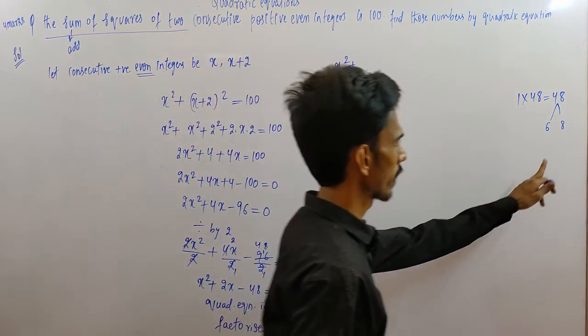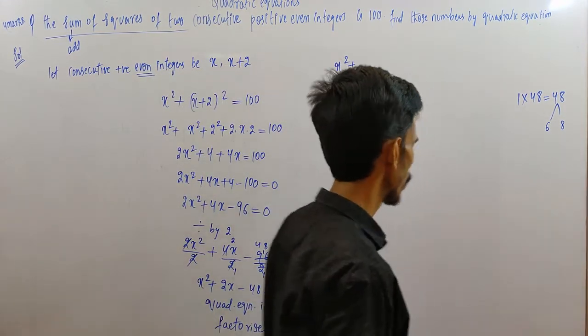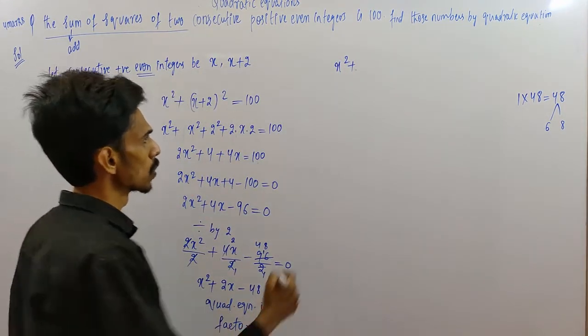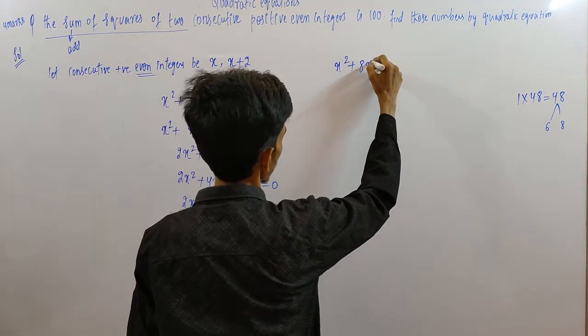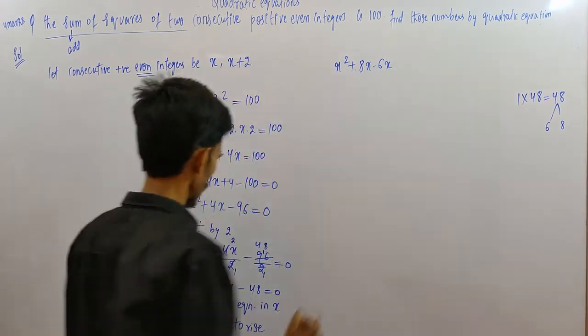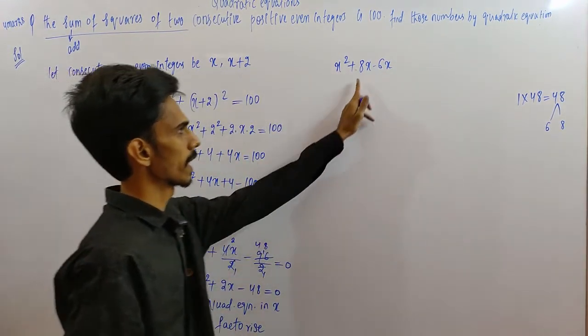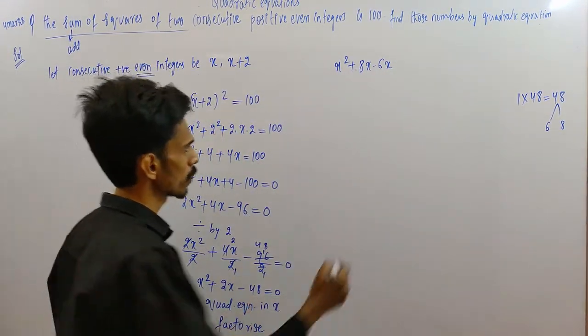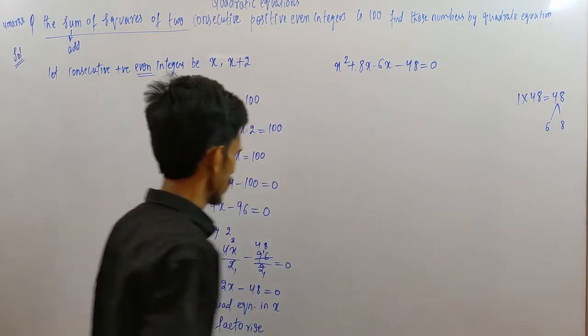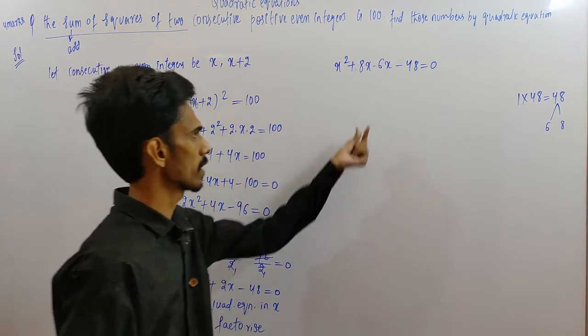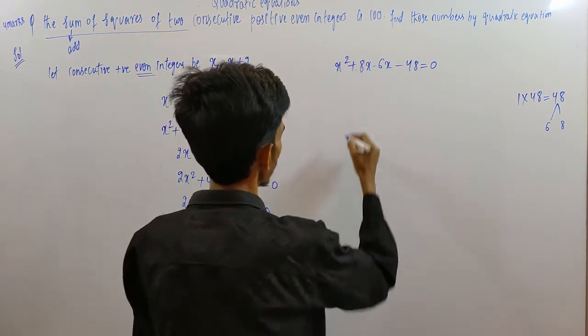So if we subtract 8 minus 6 we will get 2. Here we have 2. So this 2x can be written as 8x minus 6x minus 48 equal to 0. Just we have modified this 2x as 8x minus 6x.